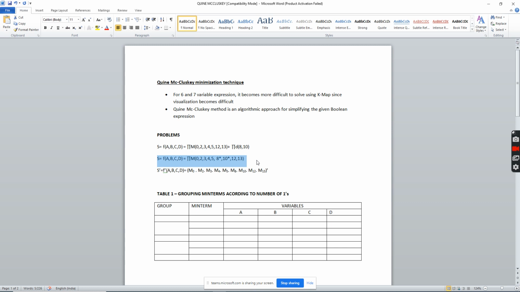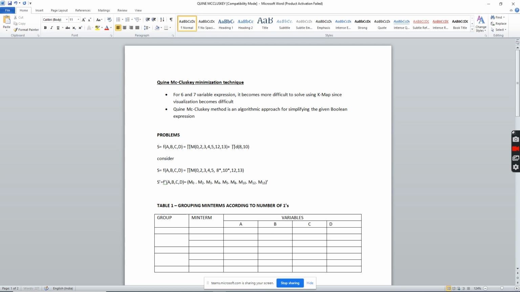The first thing I did is consider all the don't care terms as 0, and I have written this equation: S is equal to f of a, b, c, d is equal to 0, 2, 3, 4, 5, 8, 10, 12, 13. Correct? And how do we differentiate a don't care? By putting a star. That I have done here.